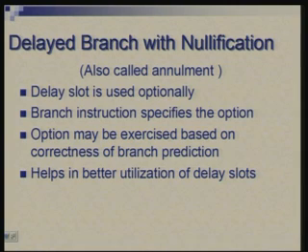It is possible, and the programmer has a choice to use it or not to use it. So, with the branch instruction, you could have another field which will indicate that you have to enable the delay slot or you do not have to enable. Okay. So, now it would depend upon how you are predicting. Depending upon your prediction, you may actually exercise this option of using the delay slot or not using the delay slot.